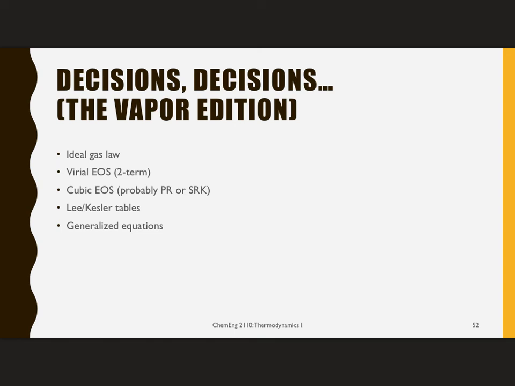This tends to work brilliantly for alkanes, alkenes, those simple, straightforward hydrocarbons, and not so good for electrolyte solutions or polar compounds, etc. Lee-Kesler tables are actually pretty good, but they're cumbersome to use. And generalized equations are the mathematical equivalent to the Lee-Kesler tables. All of these have their place. It depends on how much effort you want to put into them.